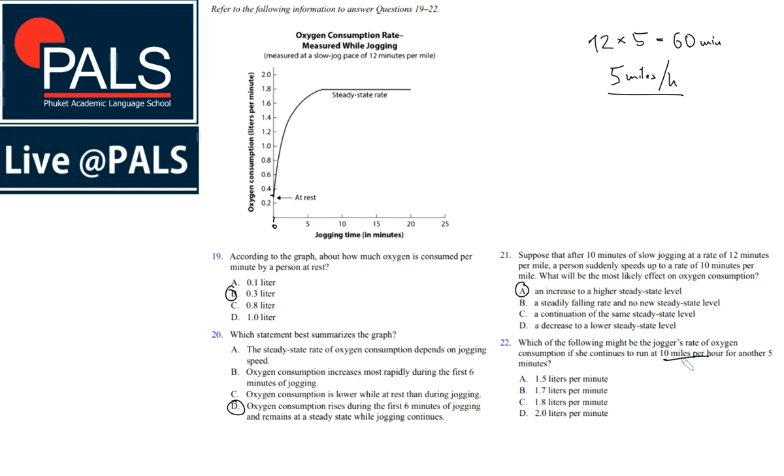So she speeds up to 10 miles per hour. What happens to the oxygen consumption? So the only option that is higher is 2 liters per minute. So that's probably it, because 10 miles per hour is faster than she was running before. The only option that makes sense is that the oxygen consumption goes up to 2 liters per minute.